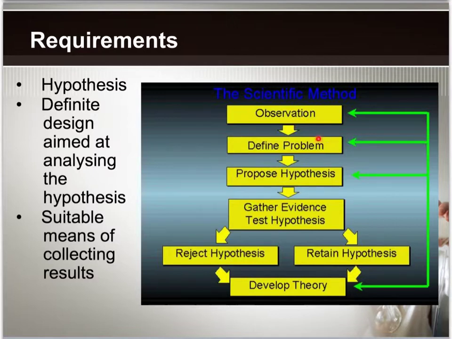Once the scientist has that, they are then able to define that problem. Defining that problem is really just a matter of working out what they don't understand about that problem, and that can then lead to the hypothesis.